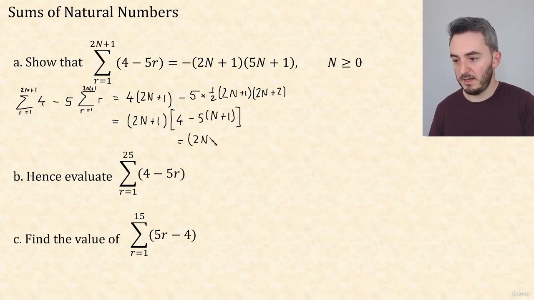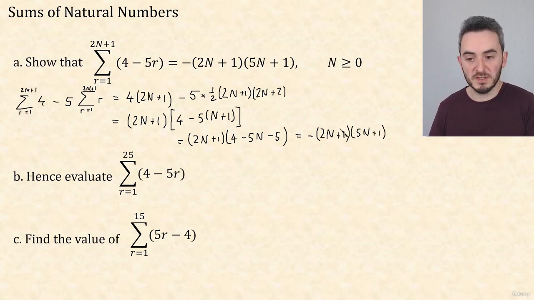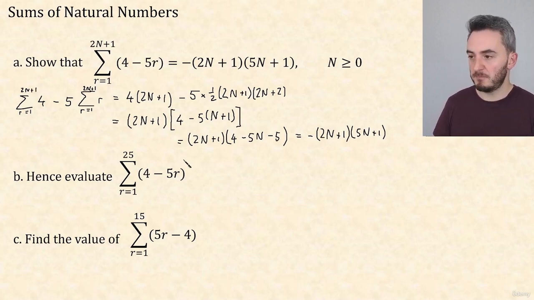It's 2n plus 1, and we've got 4 minus 5n minus 5. So we're nearly there now, because what we have is minus 5n minus 1. We can pull out a negative, giving us minus 2n plus 1, 5n plus 1, right? Because we had minus 5n minus 1. The negative of that is 5n plus 1. So we are done. We've shown that result.